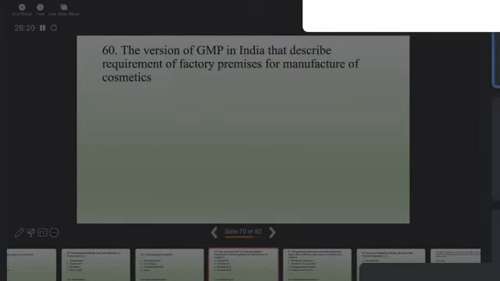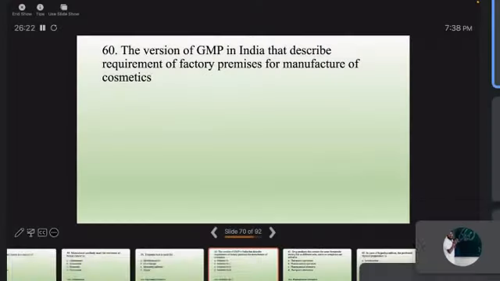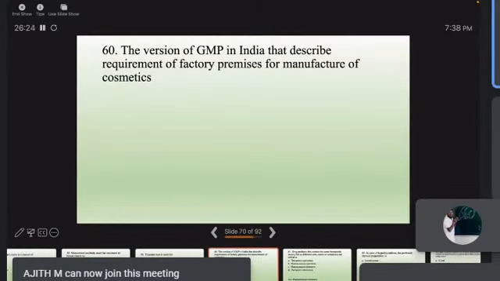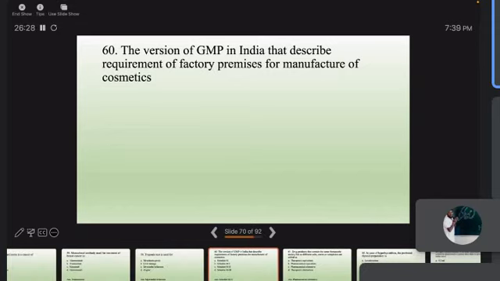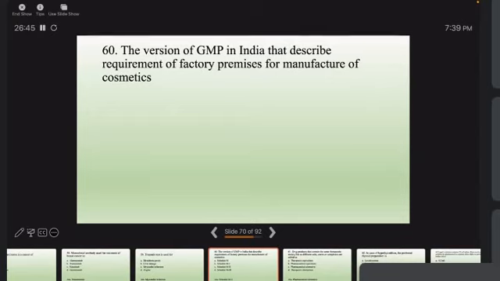The version of good manufacturing practice in India that describes requirements of factory premises for manufacture of cosmetics. Okay, forget about cosmetics. Can you remember which is the schedule for factory premises?